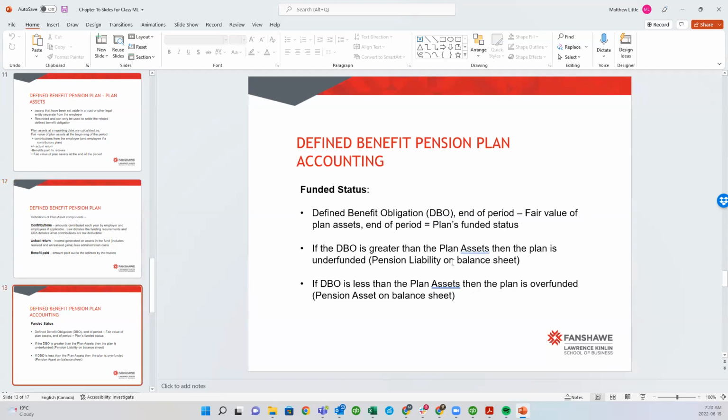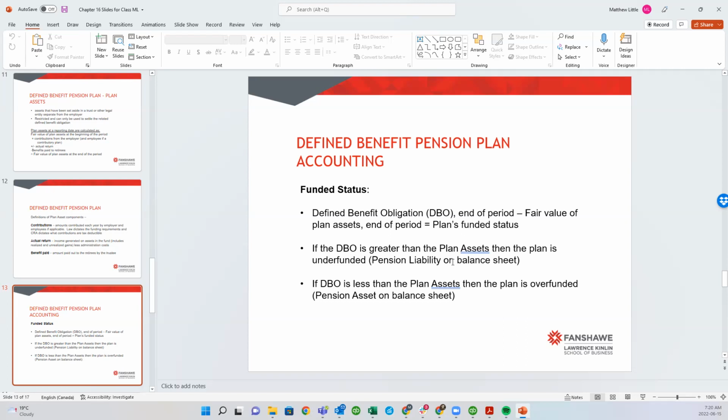Now that we've calculated defined benefit obligation and the plan asset value, we can determine whether it's funded or underfunded. So if you take the defined benefit obligation at the end of the period and subtract the fair value of the plan assets at the end of the period.